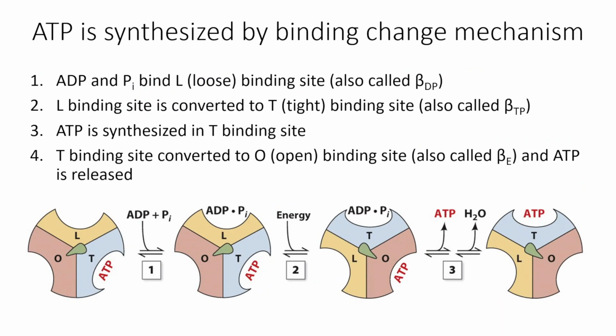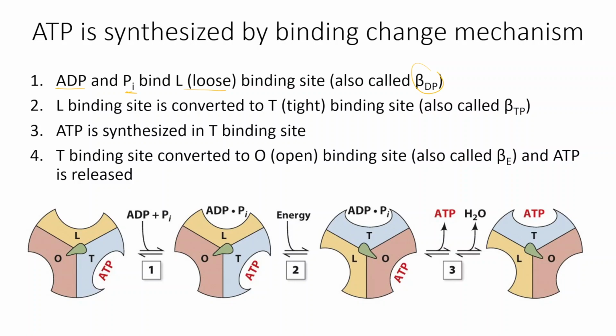So, like we mentioned, there are 3 different states: open, loose, and tight. And so we start out with ADP and an inorganic phosphate group going to bind in the L binding site, a loose binding site of one of those beta subunits. And for this reason, the loose binding site is also called beta DP, D for ADP and P for phosphate.